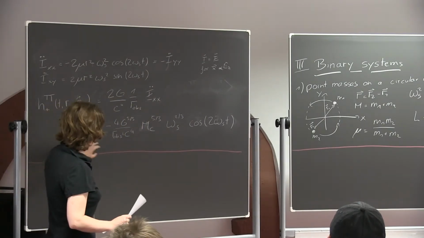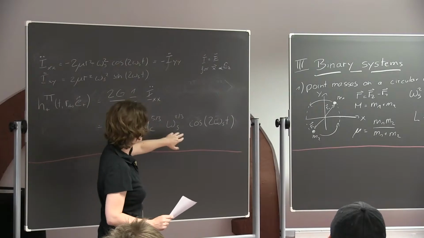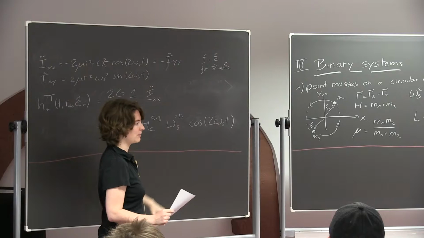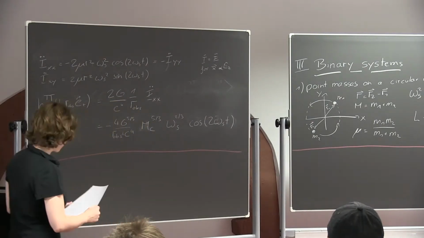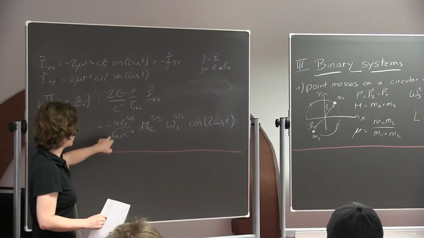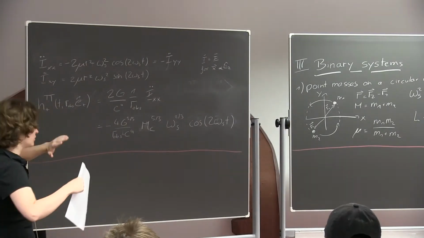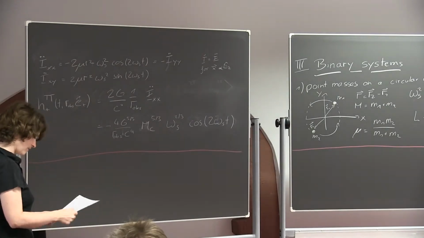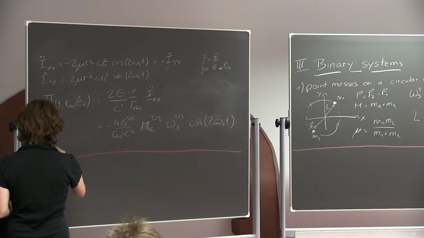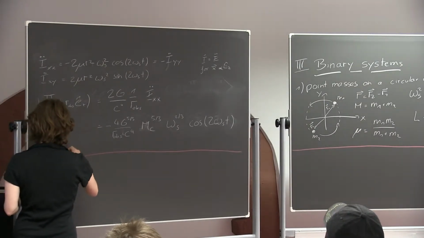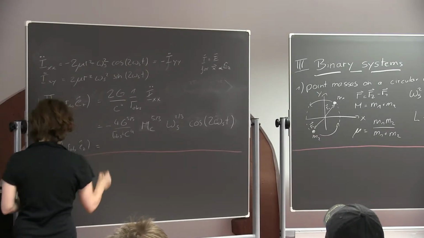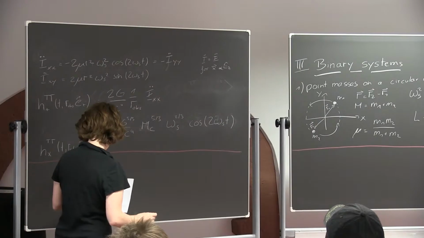And as expected, the only two dimensionful parameters are the chirp mass and Kepler's frequency. Of course it scales as 1 over distance, which is just the usual scaling with the size of the sphere. And then of course you can do the same thing with the cross polarization, and you get the same thing.